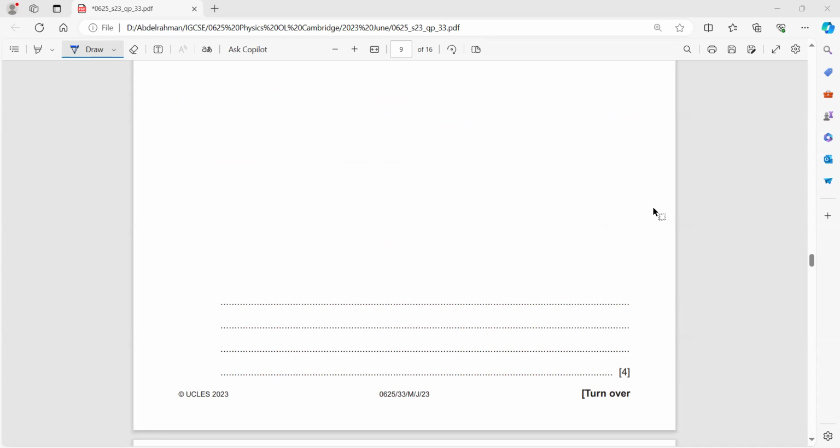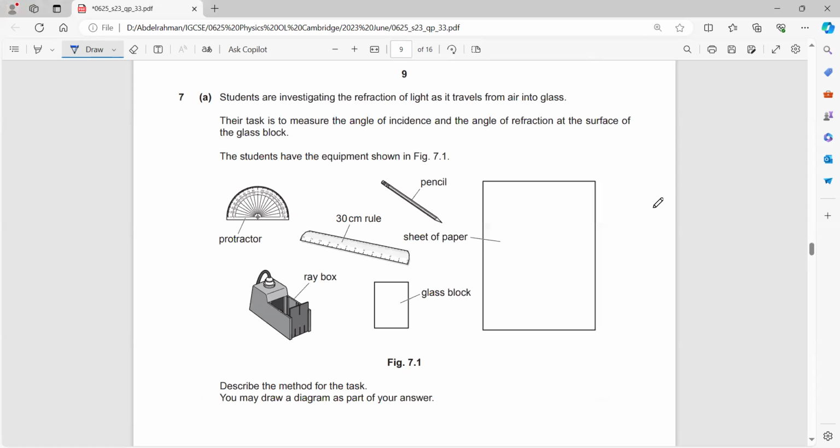You have this equipment and you need to test the refraction of light. How can I test the refraction of light?